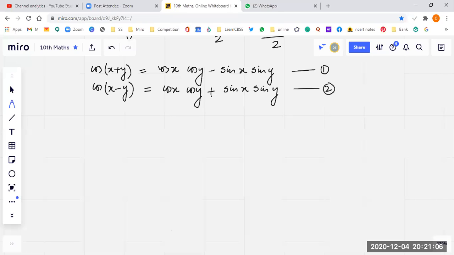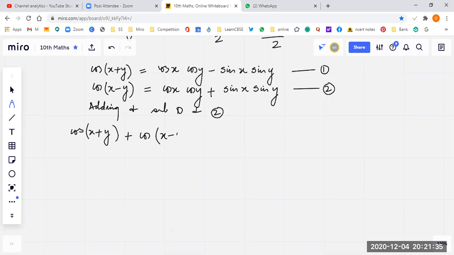Now add them. Adding and subtracting 1 and 2. It's very simple. So you get cos of x plus y plus cos of x minus y.